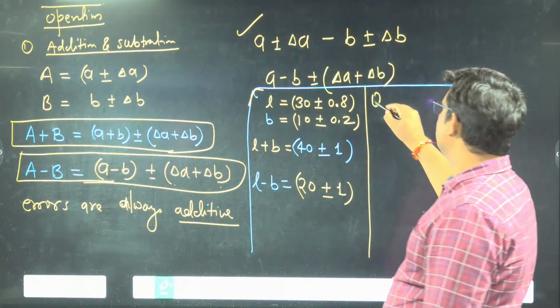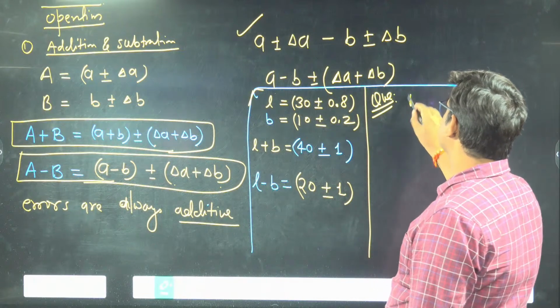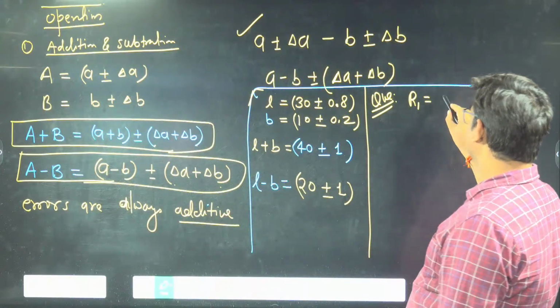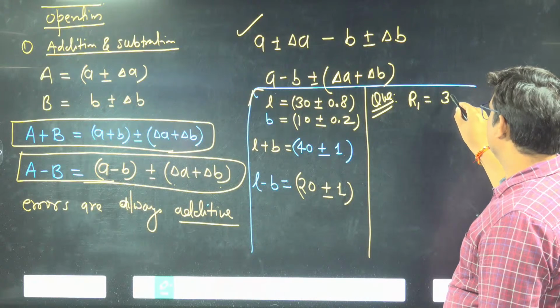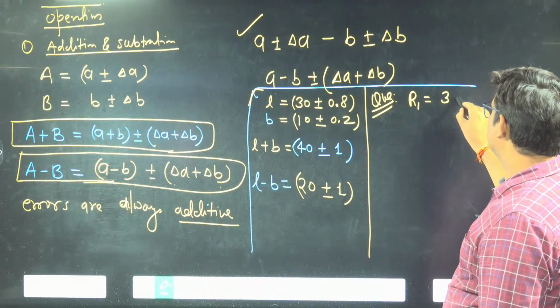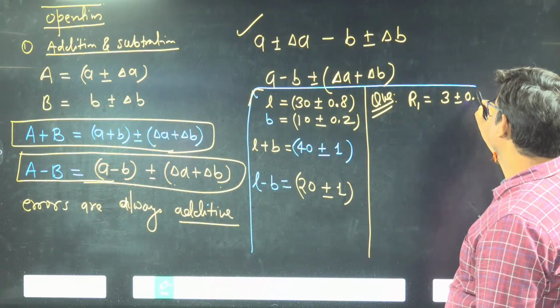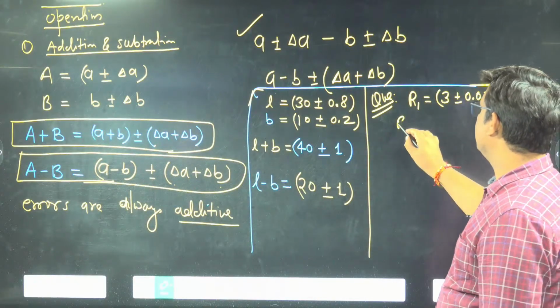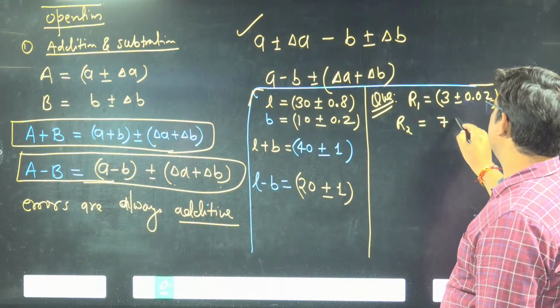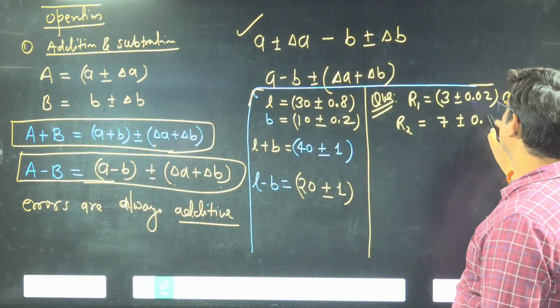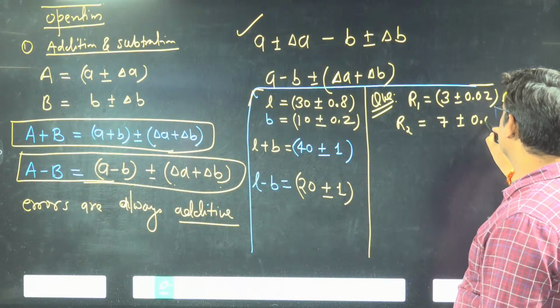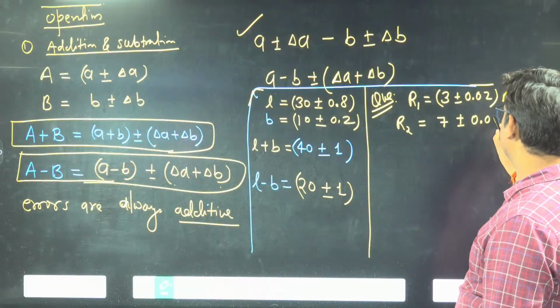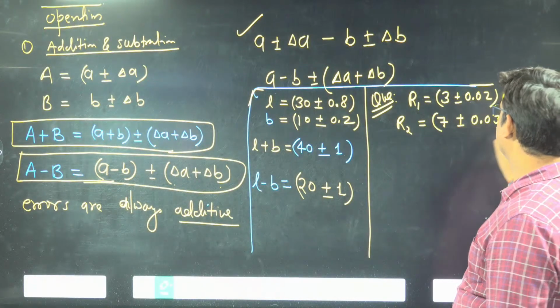If I give you one question here on resistance: R1 equal to, suppose, 3 plus minus 0.02 ohm, R2 equal to 7 plus minus 0.03 ohm.